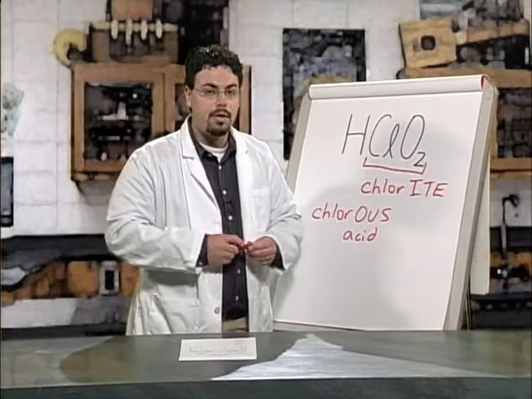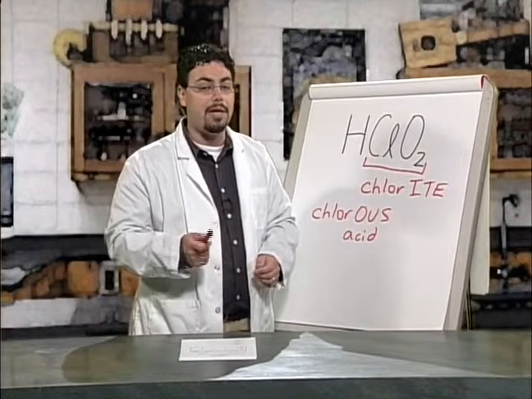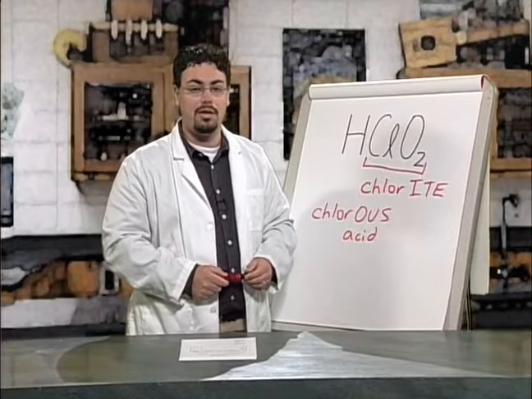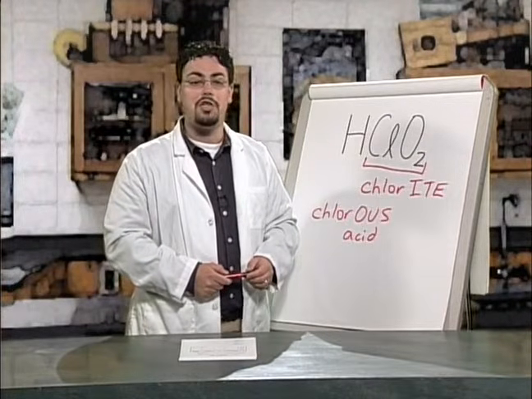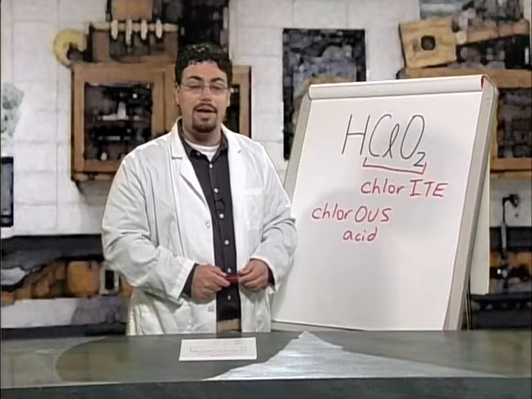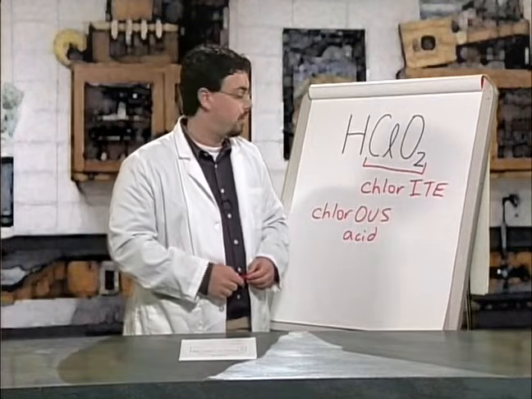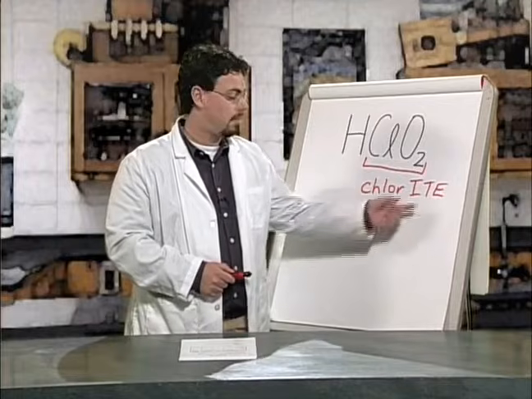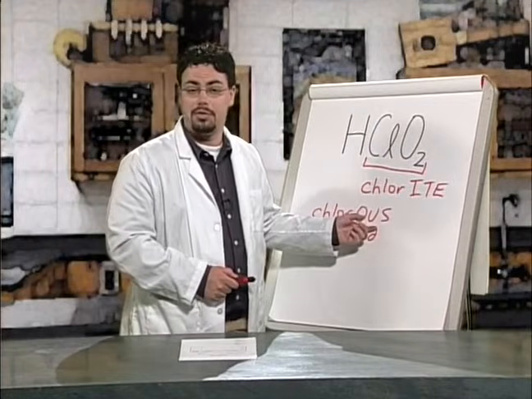Just remember, if it is binary, the name is hydro-something-ic acid. If it is ternary, you change the ending of the polyatomic ion and then add the word acid. Ate goes to ic, and ite goes to us.